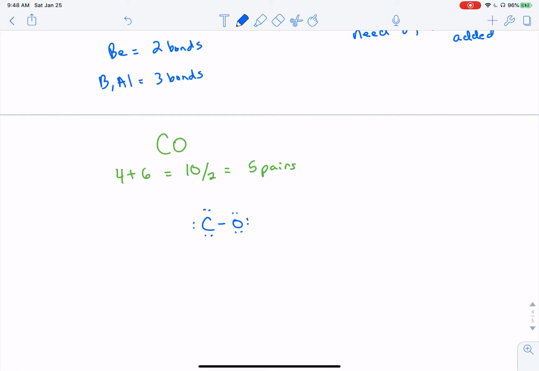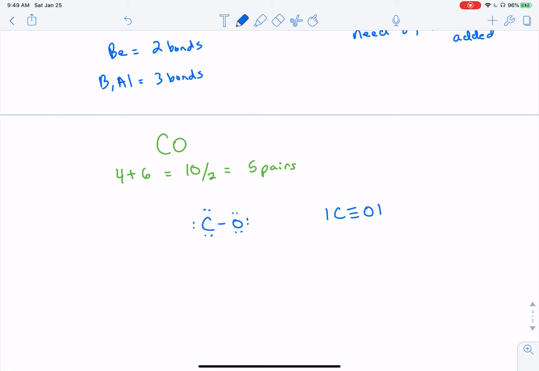How many pairs do I have here? 7. I need 5. So what do I have to do? Add 2 bonds. So I replace all those lone pairs with bonds instead. So now this becomes 3 bonds and 2 lone pairs. That's the structure of carbon monoxide.